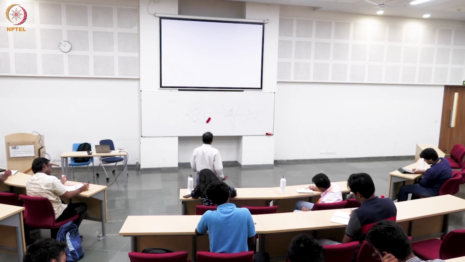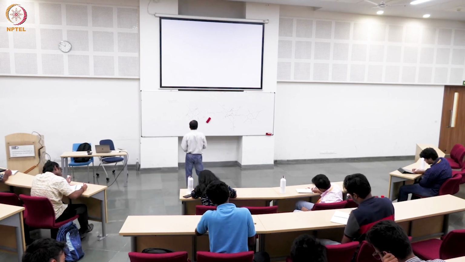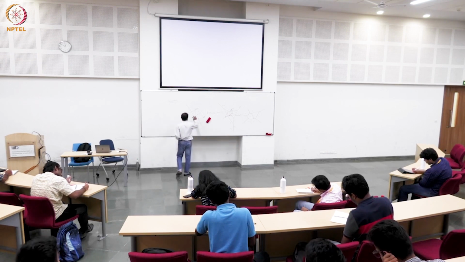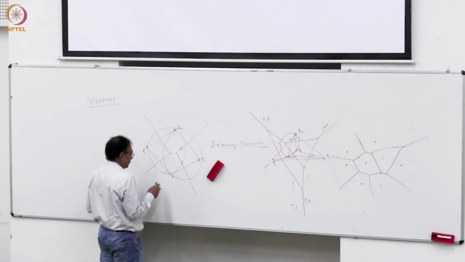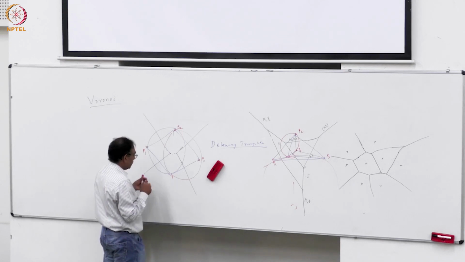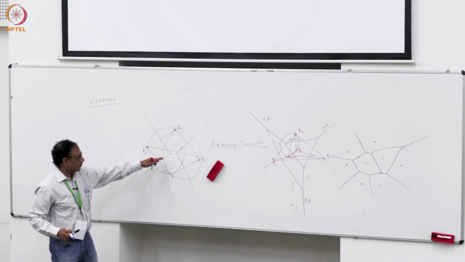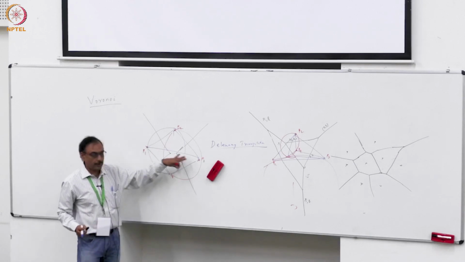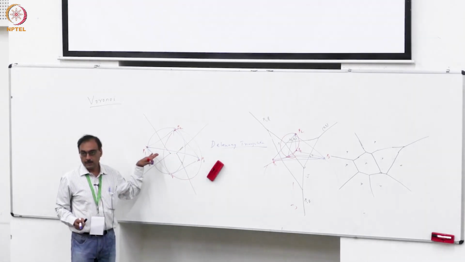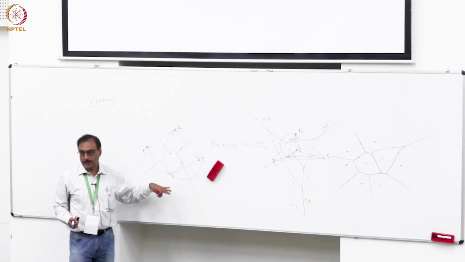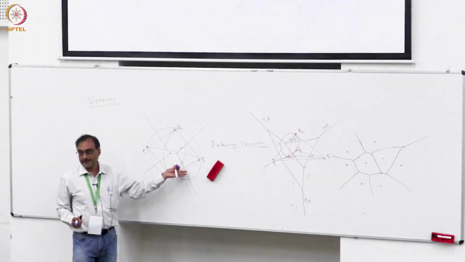For example, use the same illustration of P1 and P3. If you take P1 and P3, the smallest circle I can draw with them is the diametric circle, but that is not going to be empty.